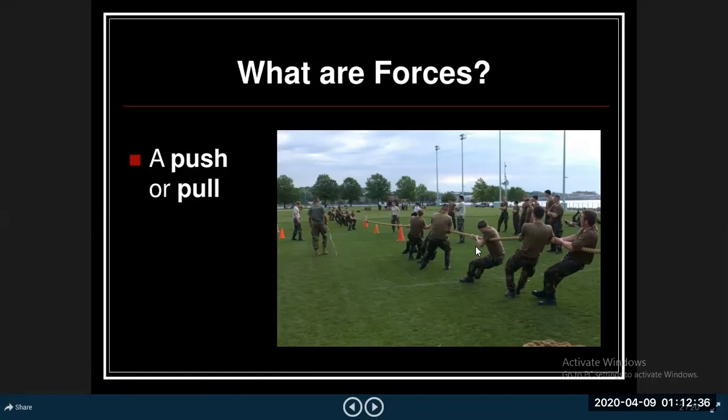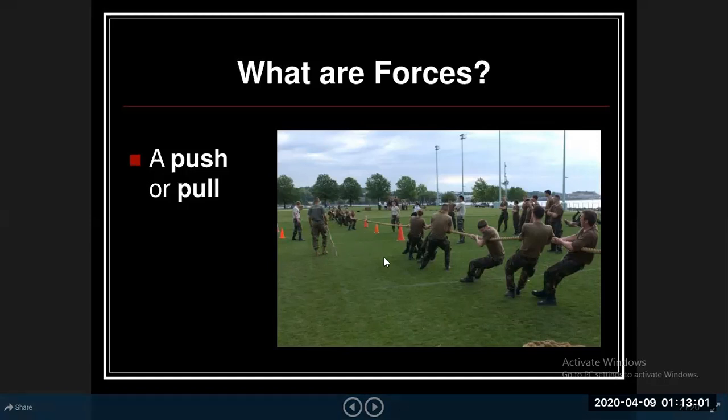Now you are looking here in the picture. Some men are pulling a rope in one direction, and on the other side, a few people are pulling the rope on the other side. So, what are they doing?